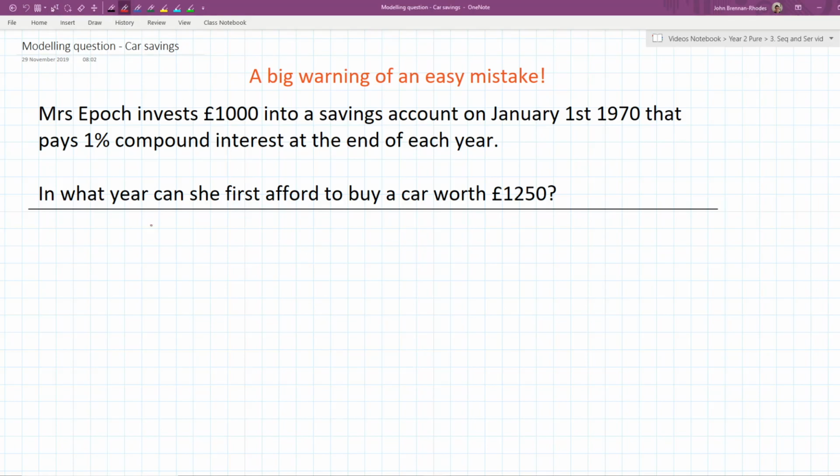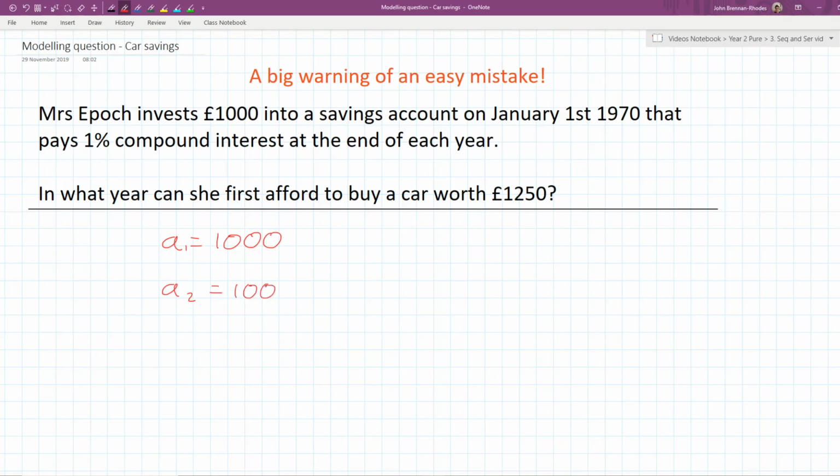So, let's start. The first term is 1,000. Compound interest means that we want to find 1% of that and add it on. So that's the first term. The second year, we know that we need 1,000 plus 1% of 1,000.